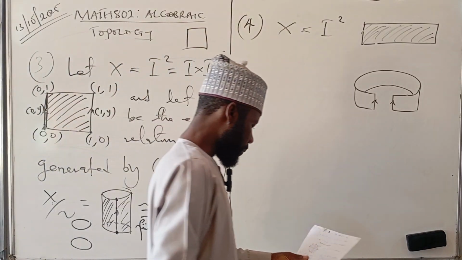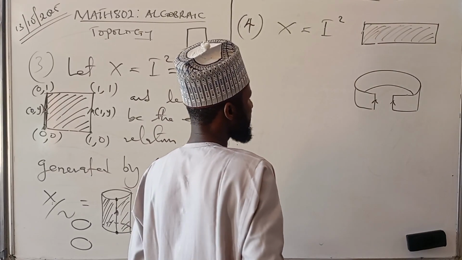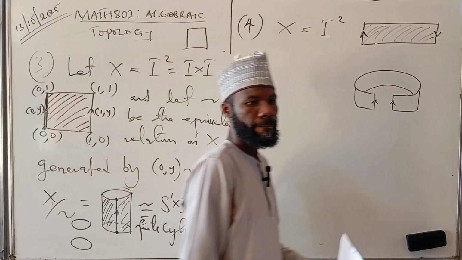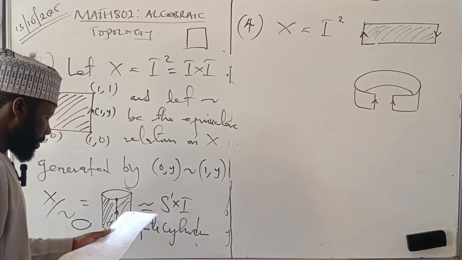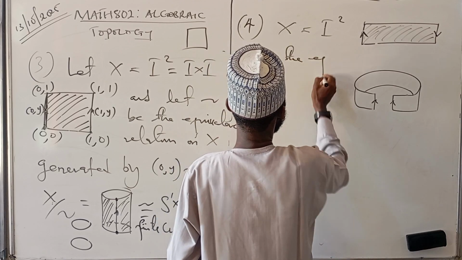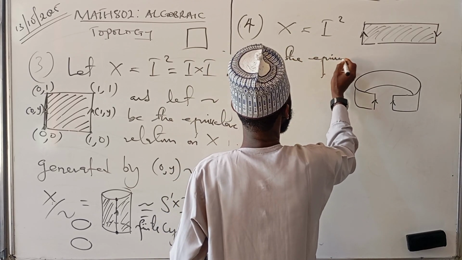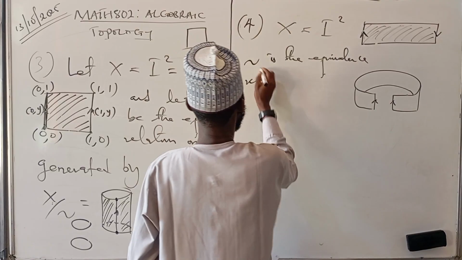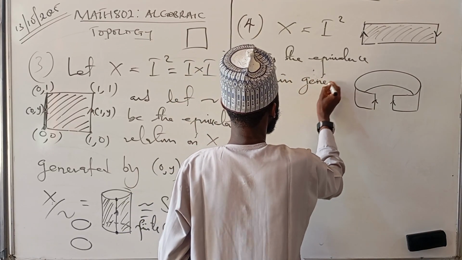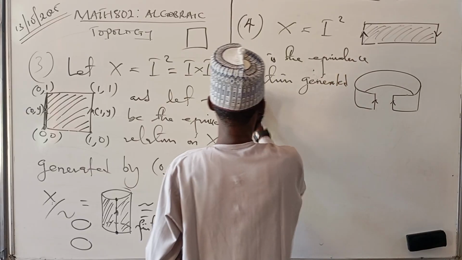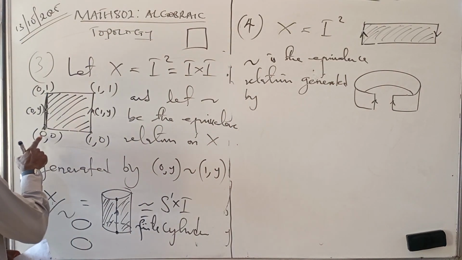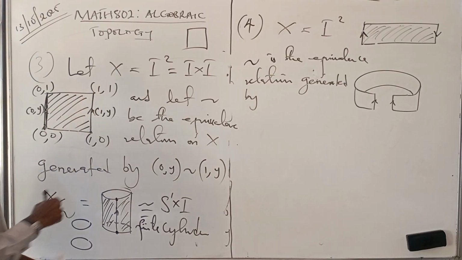Okay, but instead of attaching it like this, I'm going to attach it in the opposite direction. So the tilde will be the equivalence relation generated by, so this time around, what I'm doing is to identify this with that.